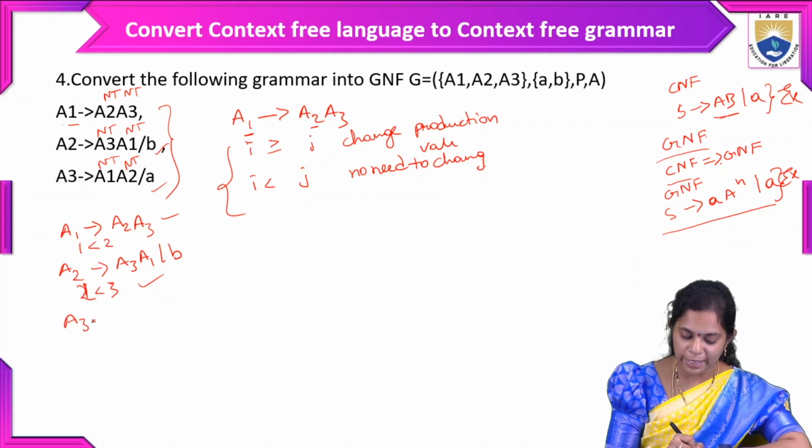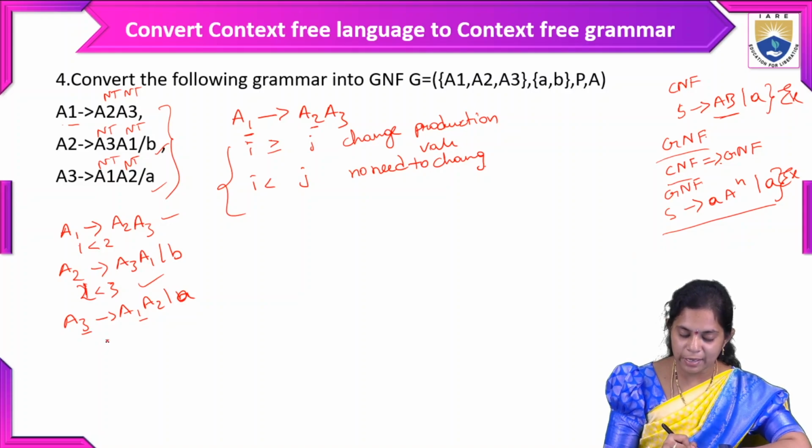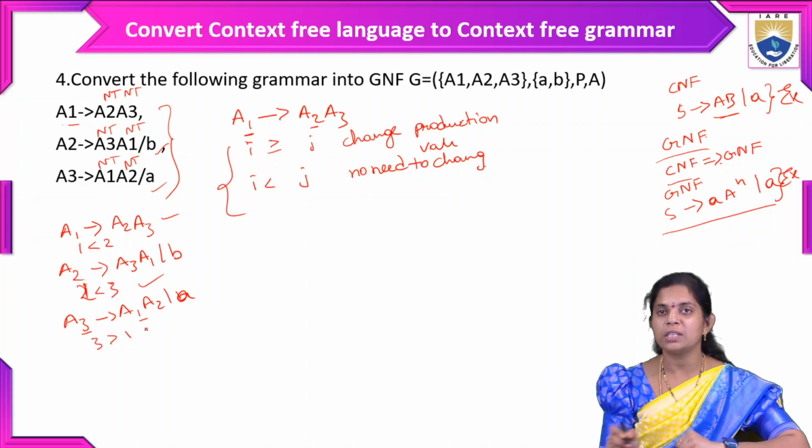And if you take A3, A3 tends to A1 A2 is there. So here 3, 1 is there. Here I is greater than J, that is 3 greater than 1, so we need to change the equation.